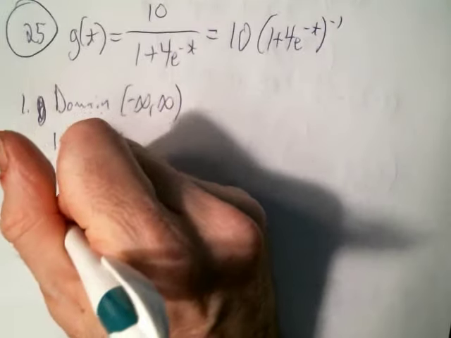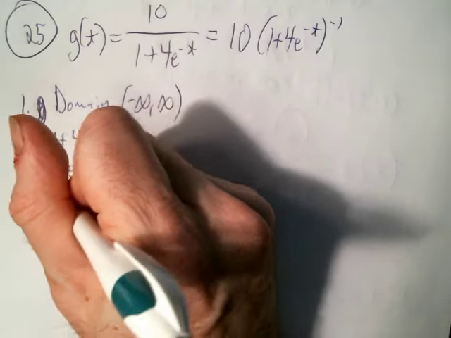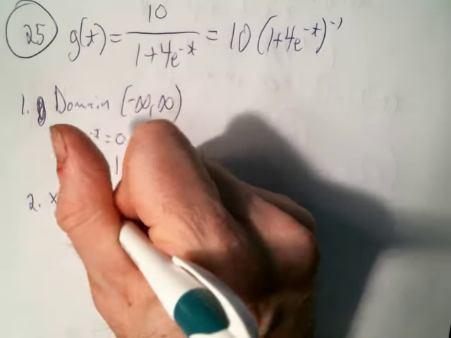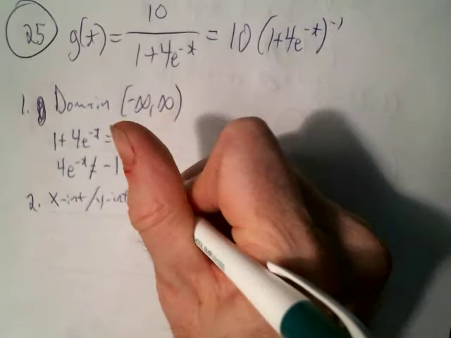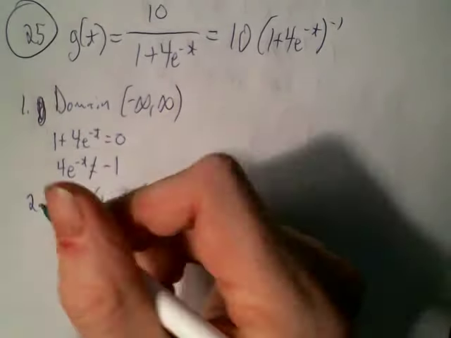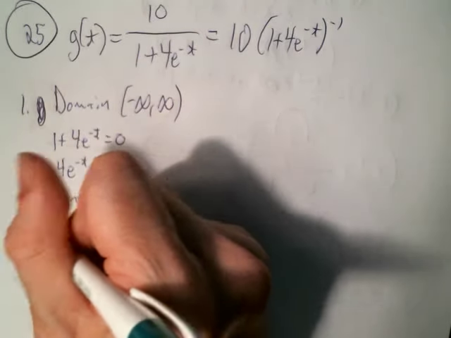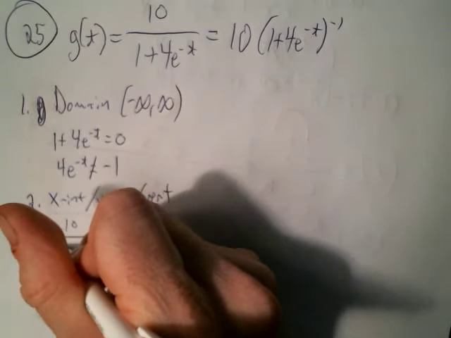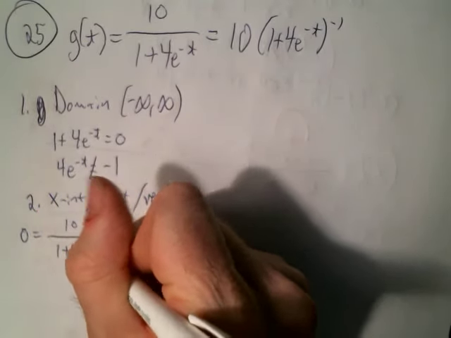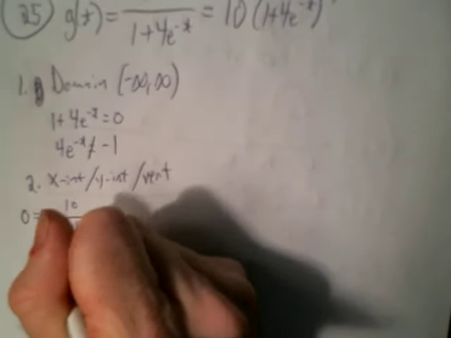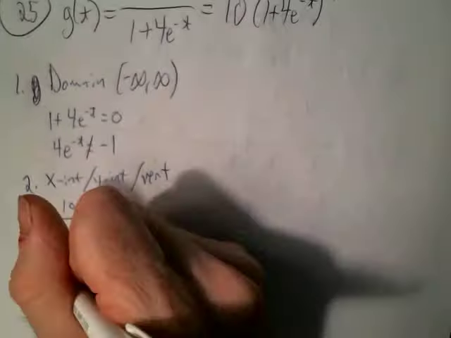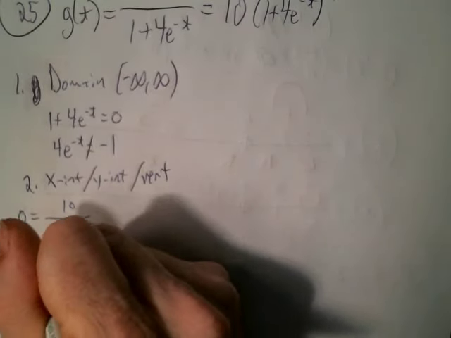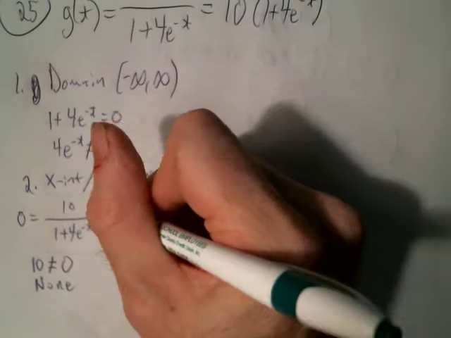Okay. Secondly, we're going after the x and y intercepts, and then vertical asymptotes. So for the x-intercept, y is 0, so 0 equals 10 all over 1 plus 4e to the negative t. In other words, you're setting the numerator equal to 0, and of course that has no solutions, so there's no x-intercept.